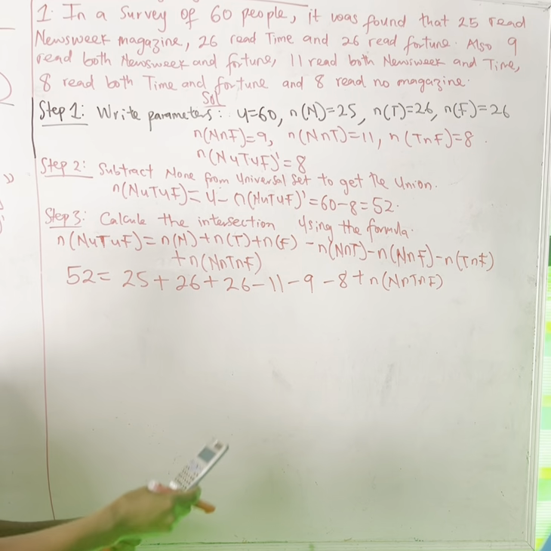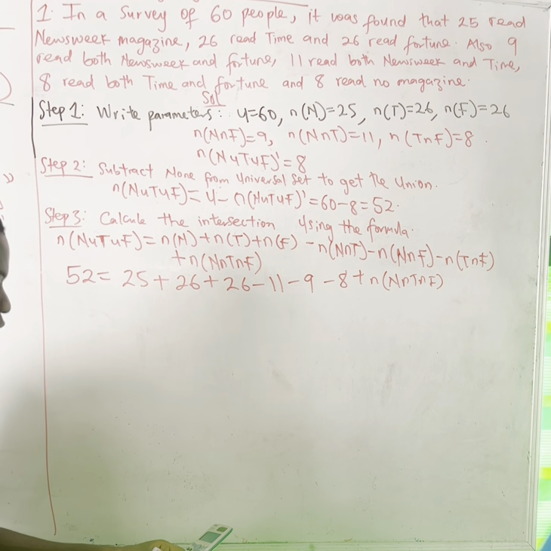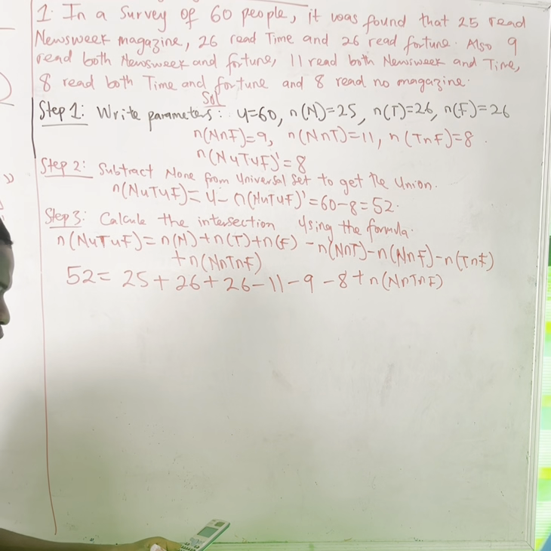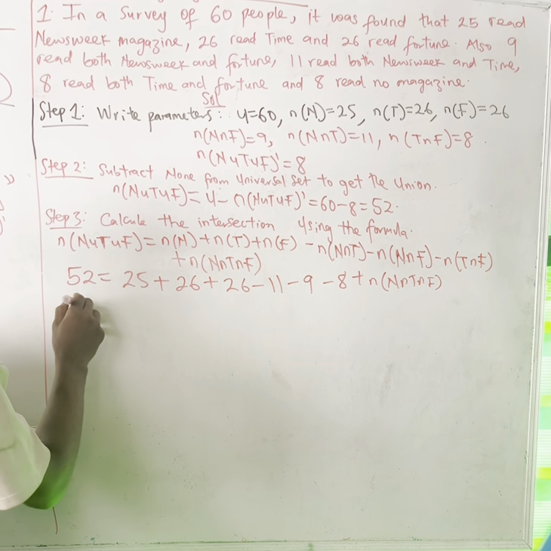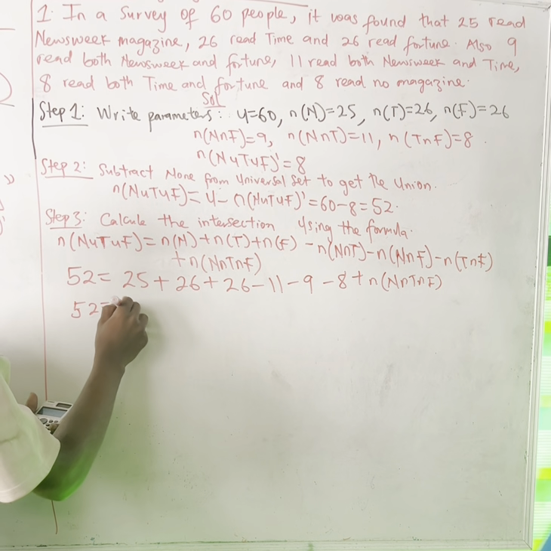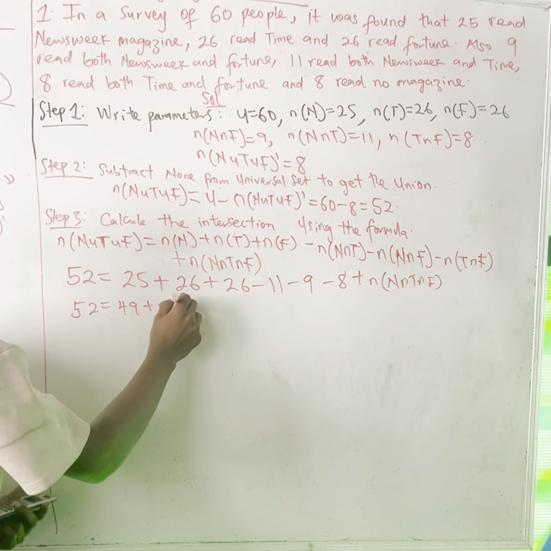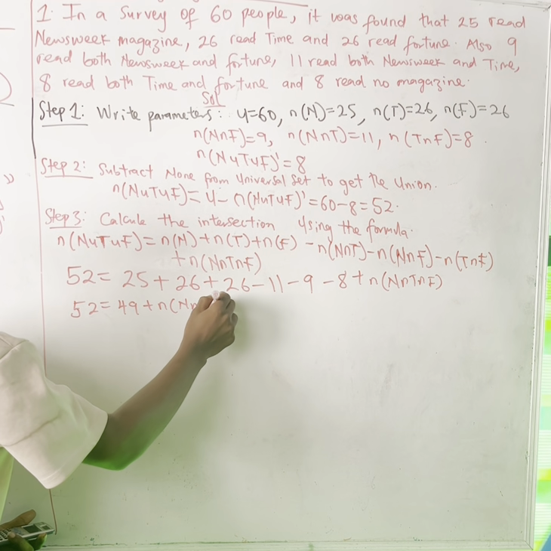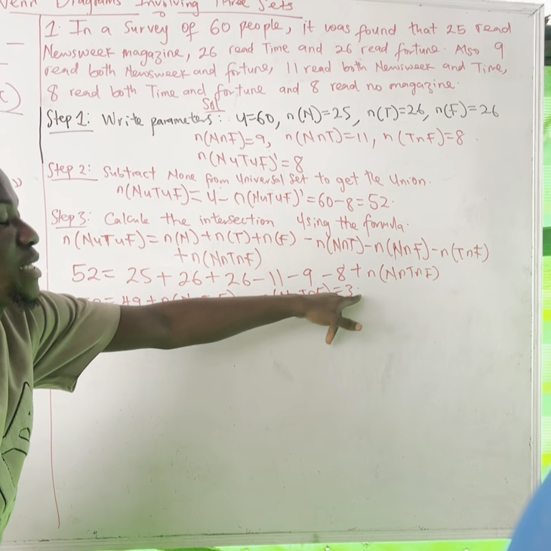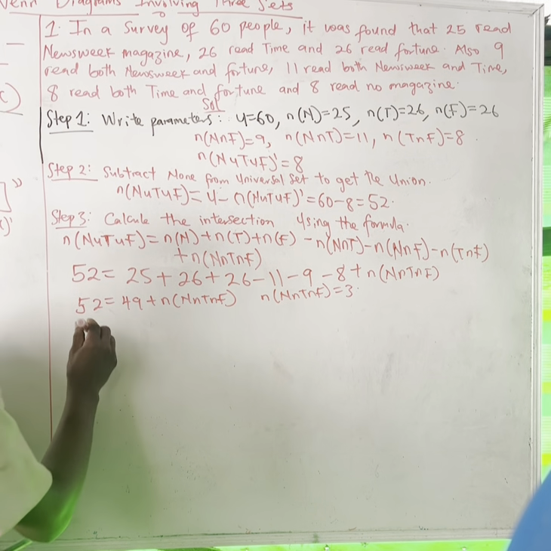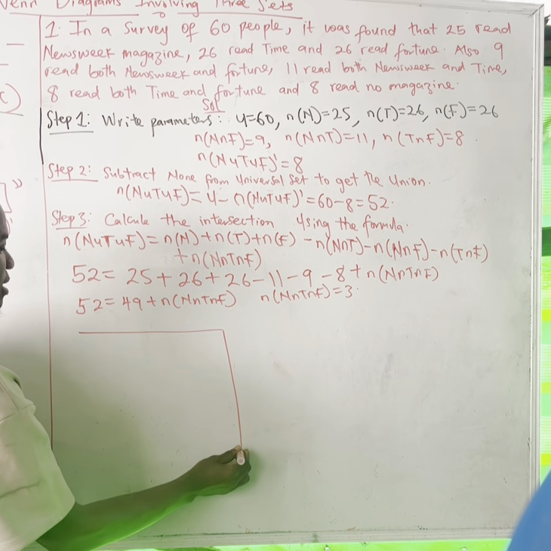If you bring out your calculator, press 25 plus 26 plus 26 minus 11 minus 9 minus 8. So this will be 52 equals 49 plus N intersection T intersection F. So the intersection is 3. So I'm going to draw the Venn diagram like this, guys.